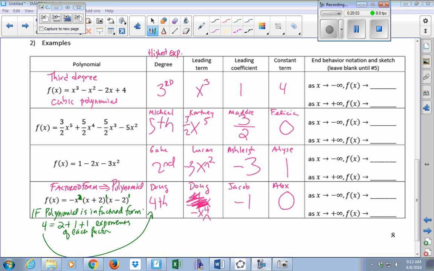And then you multiply that by this x squared, it's going to give you x to the 4th. So when you're looking at a polynomial in factored form, you have to add the exponents for each of your factors. If you multiply that all out, it's going to look like this.